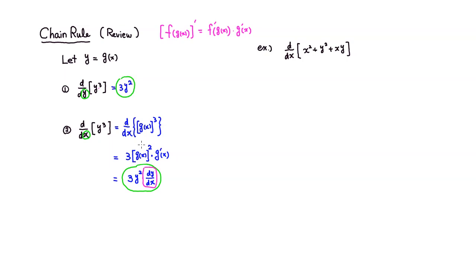Whenever you take the derivative of an expression with respect to the variable that it's written in, this is just going to be a regular derivative, exactly the same way we have been taking a derivative. But when you have an expression written in y, but we're taking a derivative with respect to a different variable, in this case x, then you take the derivative in a regular way, which will get you 3y squared.